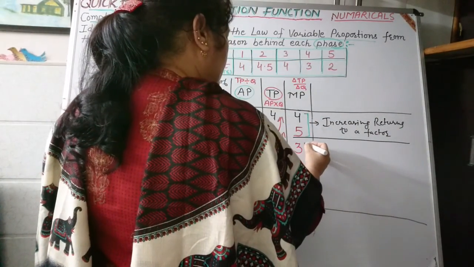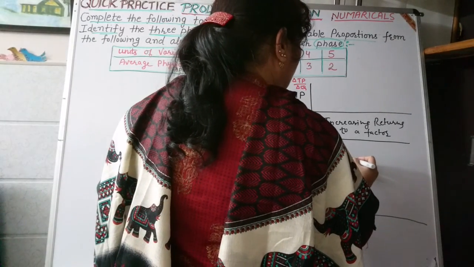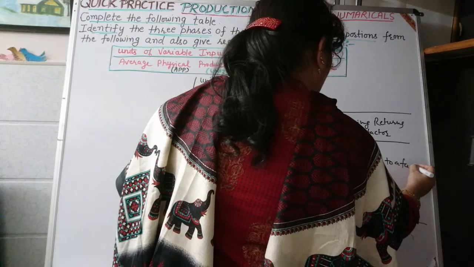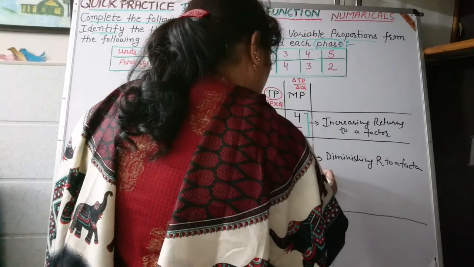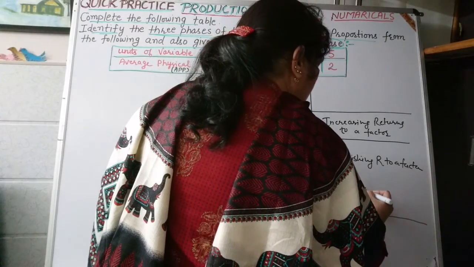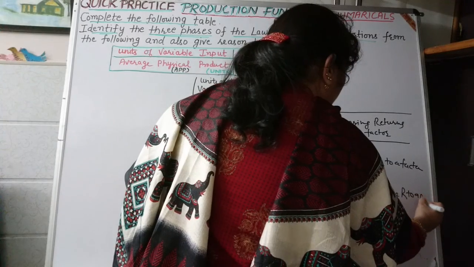Then 3, 0. This represents diminishing returns to a factor. And ultimately 0 or negative returns to a factor.